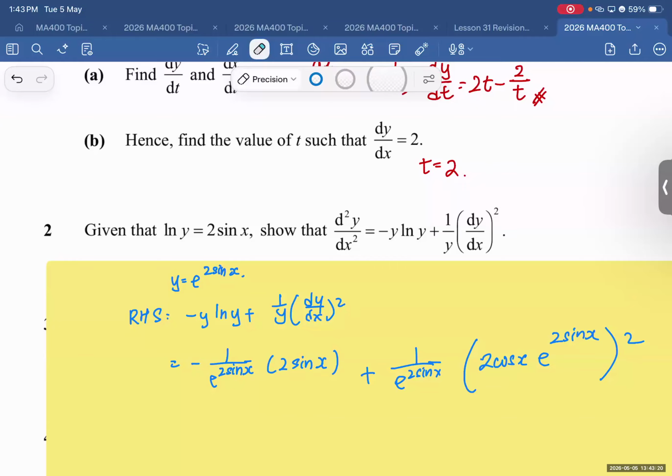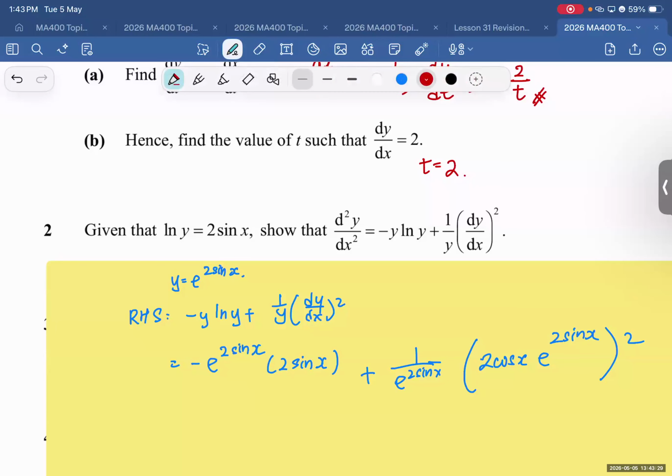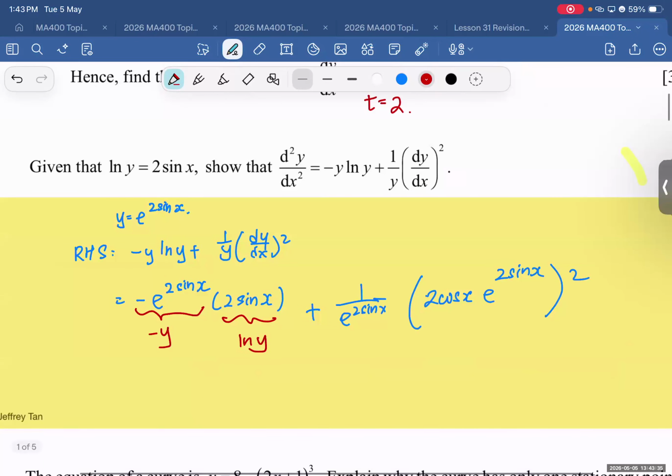Sorry, I saw wrong. So this is my negative y. This is my ln y. This is my 1 over y. And this is my dy dx square. Is that okay?